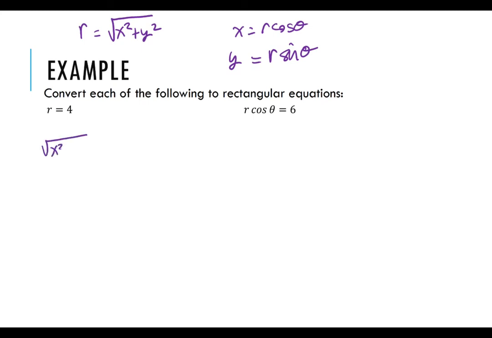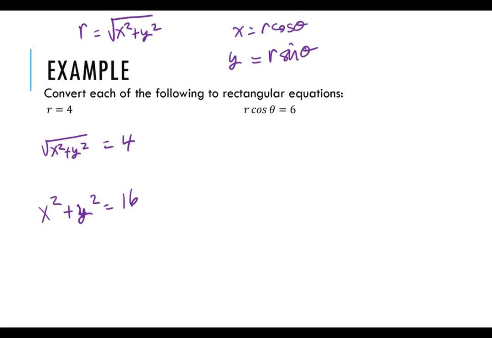The square root of x squared plus y squared is equal to 4. If you're trying to get it to a form we might remember from rectangular coordinates, you could square both sides, and then you would get that x squared plus y squared is equal to 4 squared, or 16, which specifically is the circle centered at the origin with radius 4. Well, r is equal to 4 is exactly that.